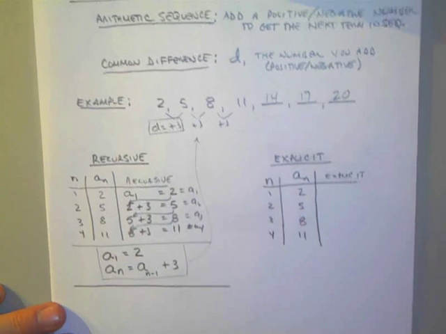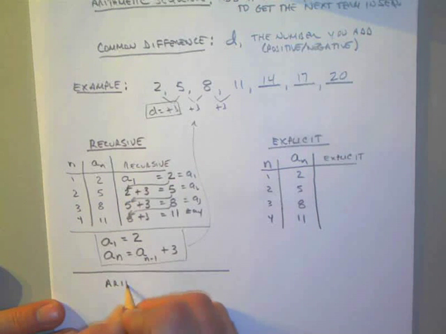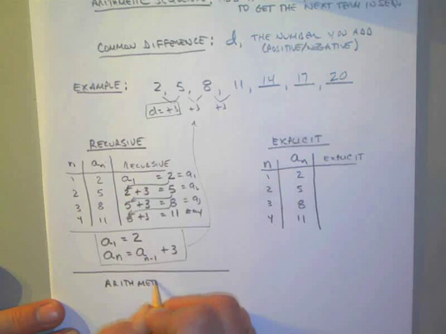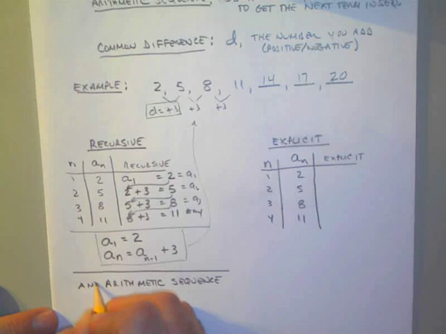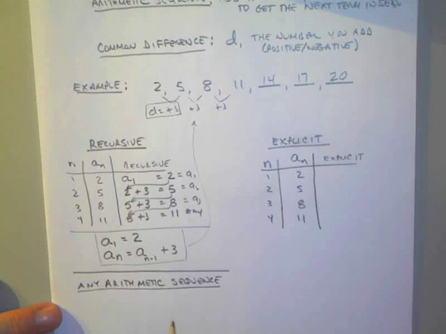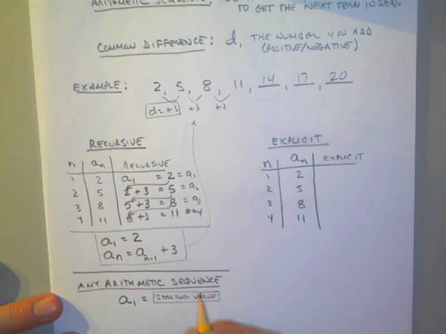Now, as it turns out, we can generalize for any arithmetic sequence. The recursive formula will be A1 equals whatever the starting value is of the sequence. So I'm going to put a little box around this because this is the number that you'll plug in.